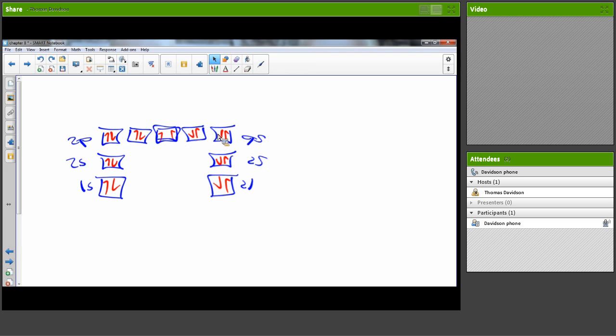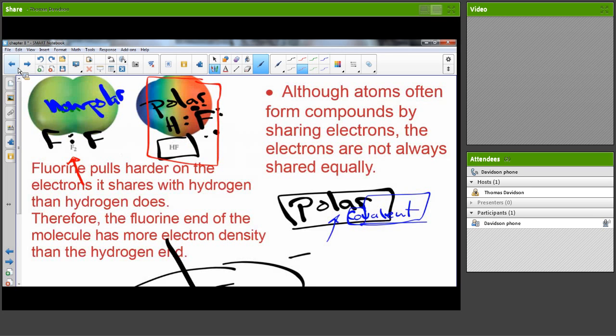All right, so all it does, and I know the letters are backwards now, is overlap that P, and now both of them have a full P cloud. You with me? So covalent molecules share their valence electrons. Easy enough?